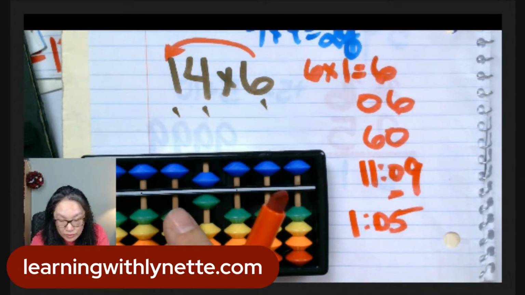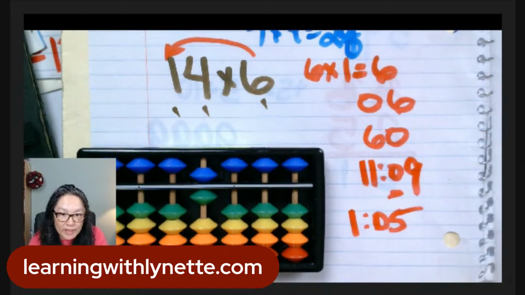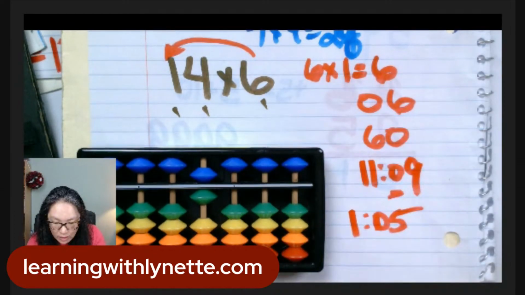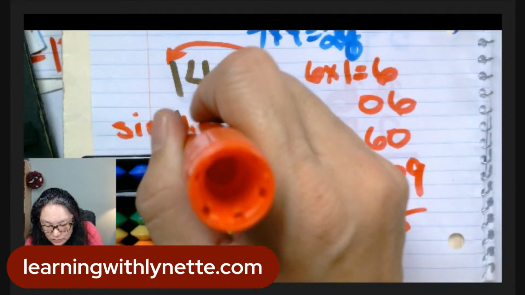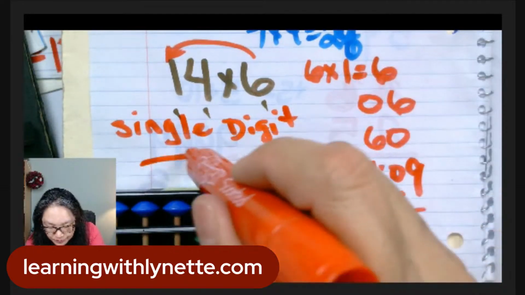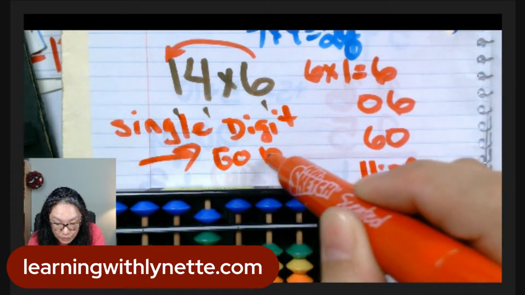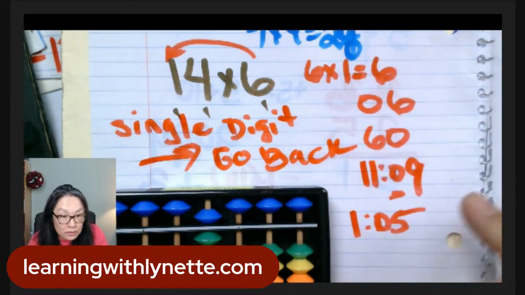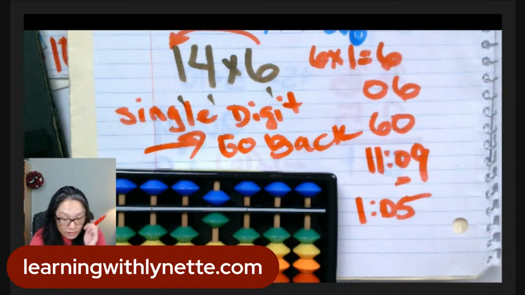So when we look, the rule would be if it's a single digit, you go back one column. Single digit, go back one column. If it's a single digit, you go back. Make it a double digit.